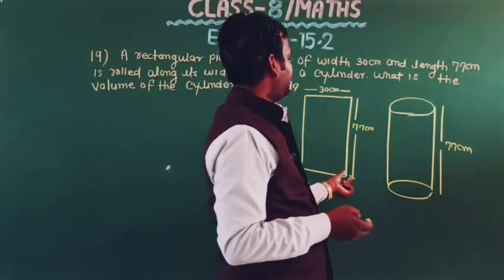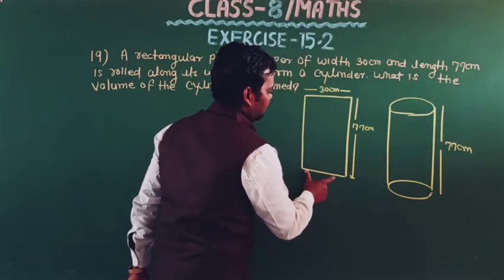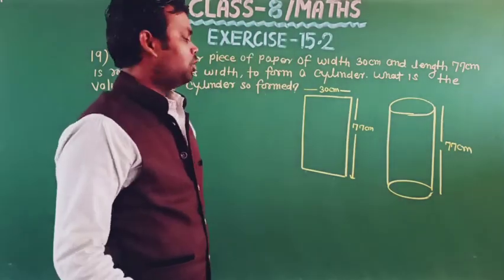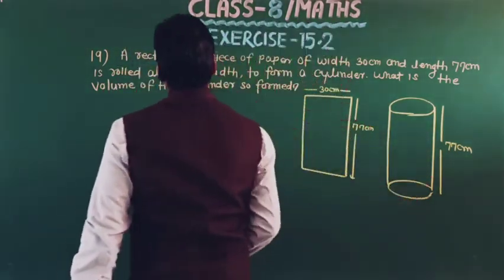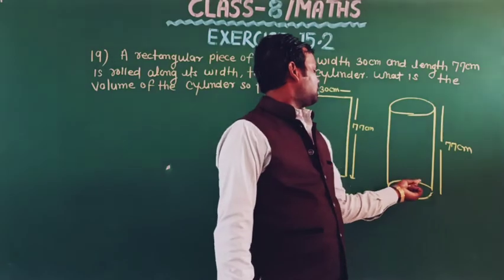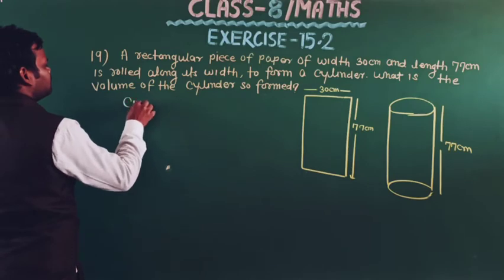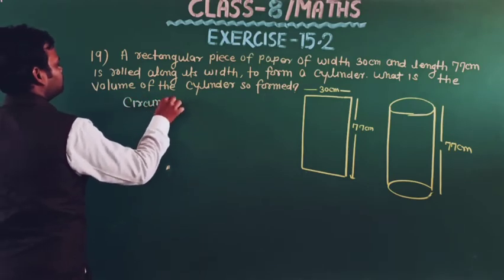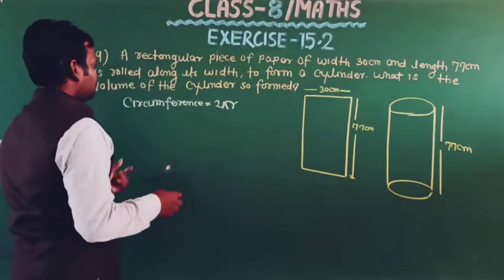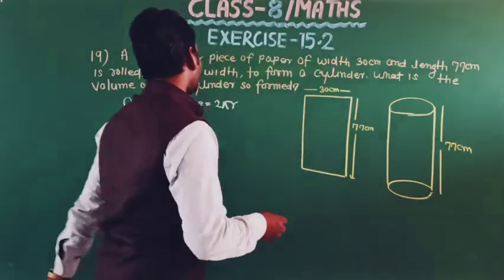So here the width forms a circle. We know the length of the circumference of a circle is 2 pi r, and this circumference 2 pi r is equal to the width of the rectangular piece of paper.